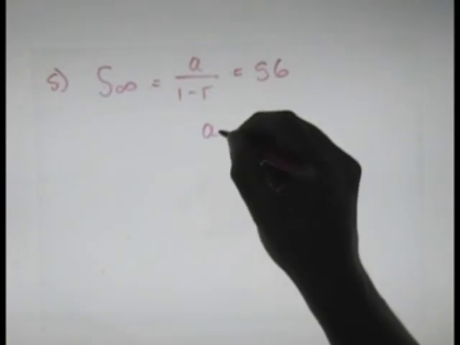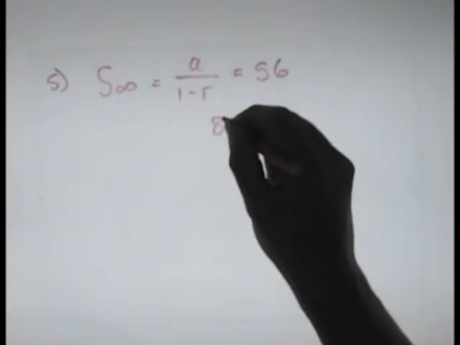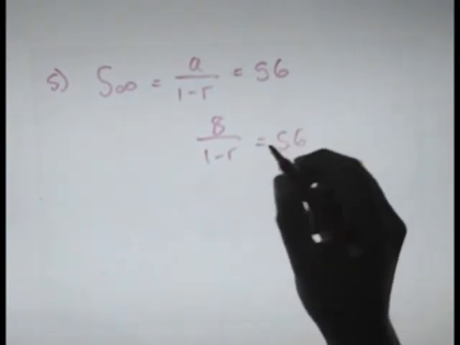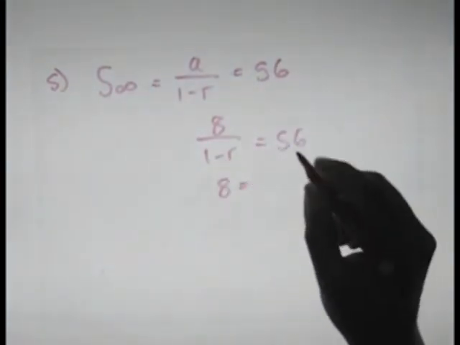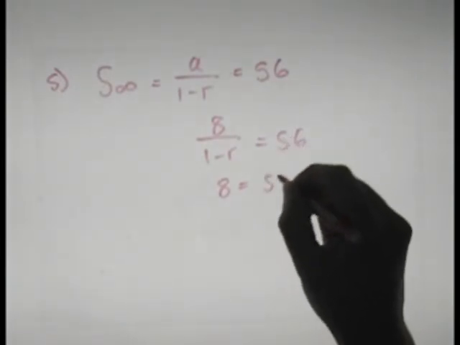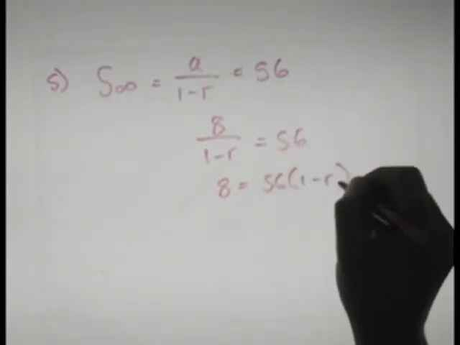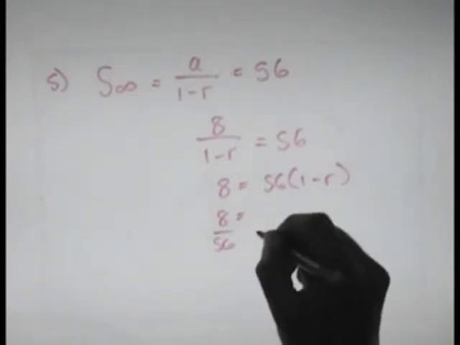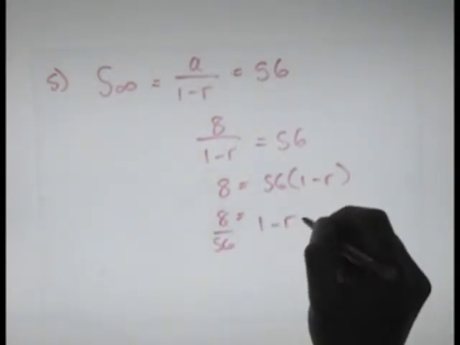That means that our a value, which is 8 over 1 minus r, is equal to 56. That means that 8 is equal to 56 multiplied by 1 minus r. So 8 over 56 is equal to 1 minus r.